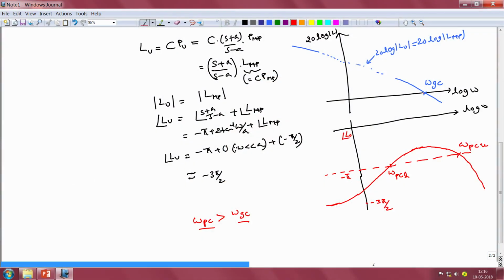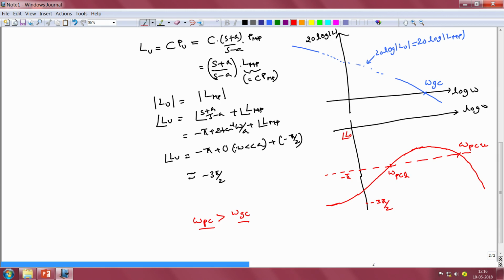stable closed loop dynamics. If we were to uncritically apply the same criterion for stability in this particular case, we note that we have our gain crossover frequency in between omega Pcl and omega Pcu in the particular schematic that I have drawn. So our gain crossover frequency is greater than the lower phase crossover frequency but less than the upper phase crossover frequency.